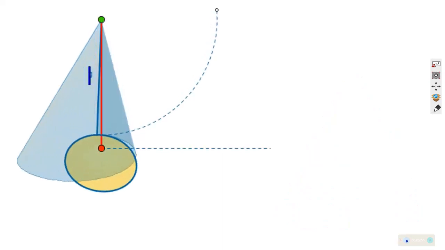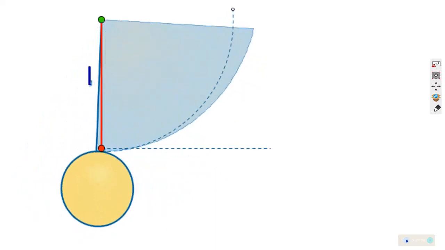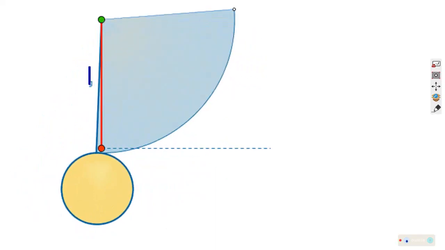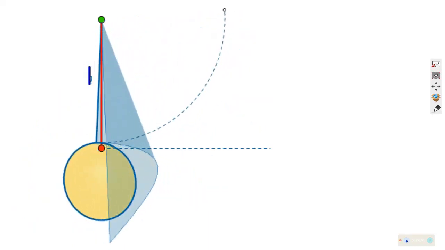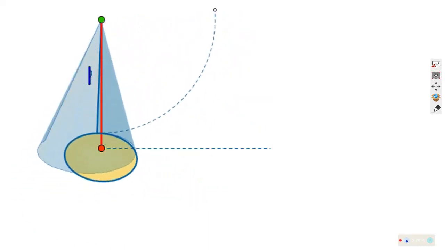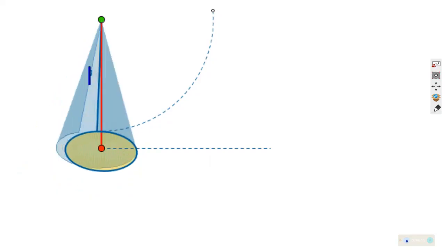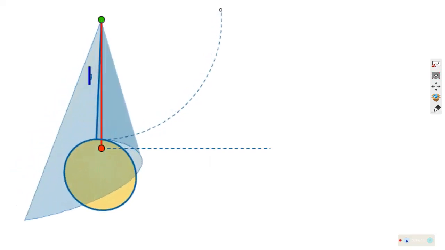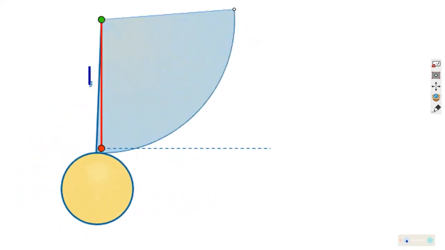Look at this. I will repeatedly show you. The curved surface, which we are going to find as the curved surface area, is the one encircling the base of our cone. You have to look at the motion very clearly.